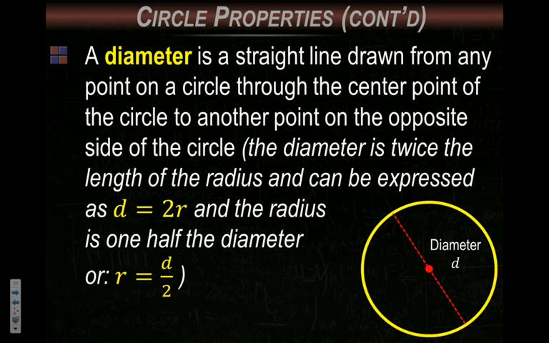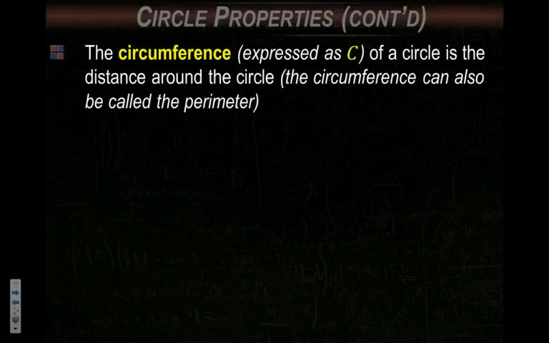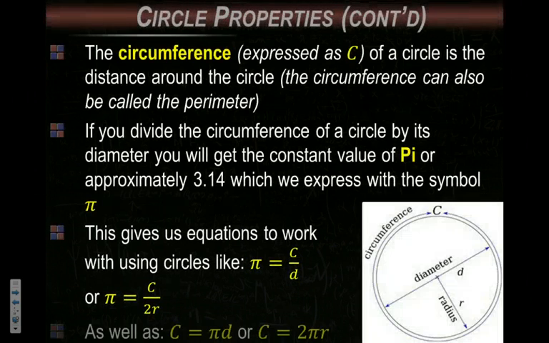So far, so good. Pretty simple to think of, and I hope for a lot of you that's review. The circumference, which is often expressed with the capital letter C, is the whole distance around. So if you were going to walk around the outside of a circle, the number of steps you'd take would be your circumference, okay? Now, here's where this weird value comes.